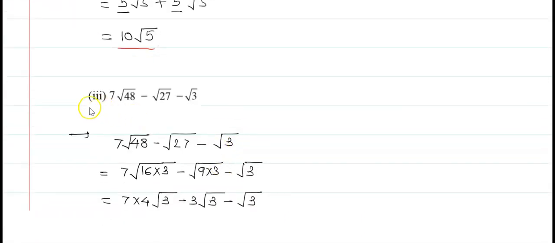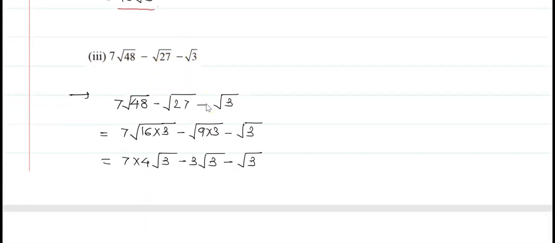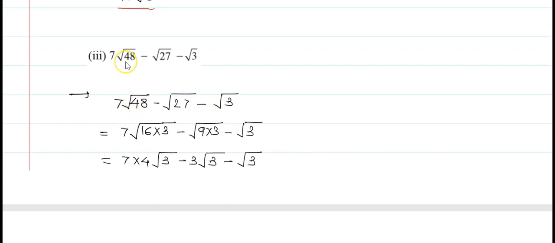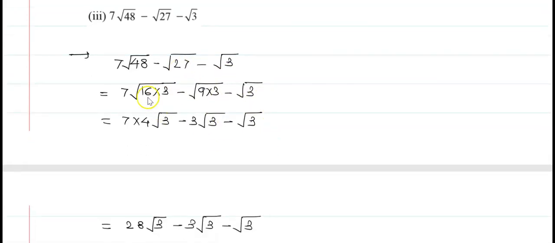Now next, third is 7 root of 48 minus root of 27 minus root 3. In this case, 48 can be written as 16 into 3, and 27 can be written as 9 into 3, minus root 3. The root of 16 is 4 root 3, and the root of 9 is 3 root 3, minus root 3.